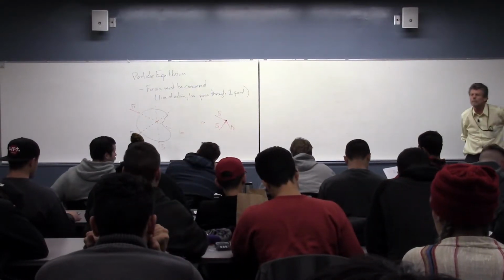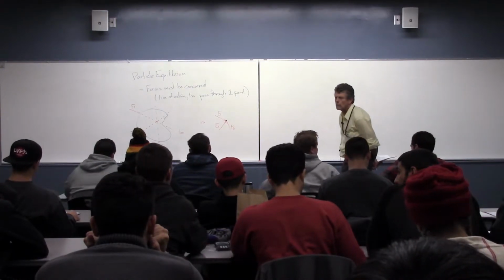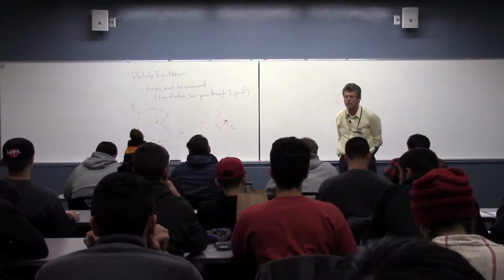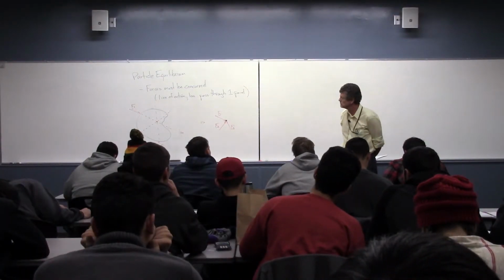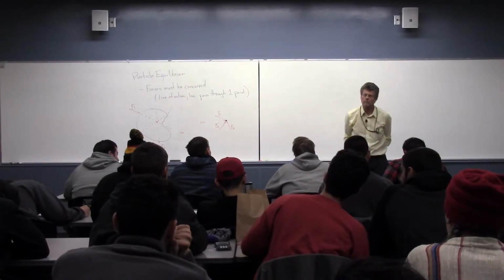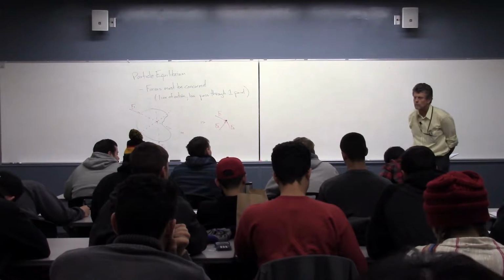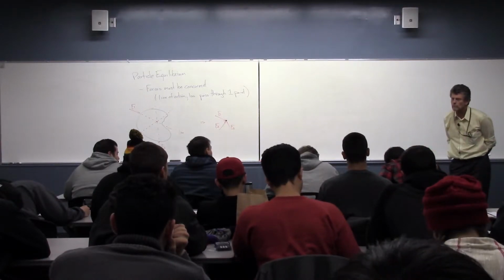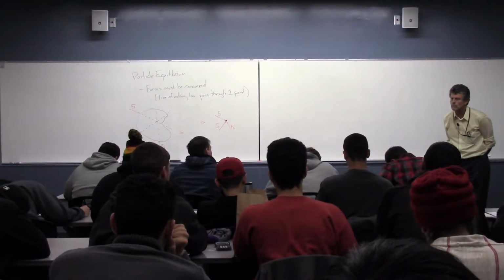Sir? So for the homework, for the last problem, I did a tip to tail method for the three forces instead of doing a triangle. So in order to do a triangle, you said you can do it with all problems with three forces. I didn't see how I could do that with that one, just for the direction of each force.